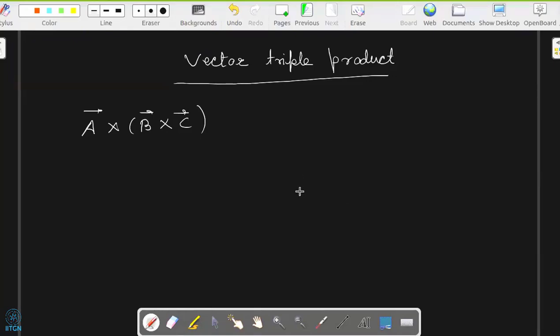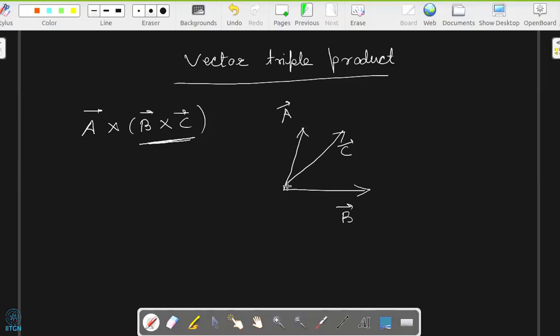So let's consider this is a vector B, this is a vector C, and this is a vector A. Now, first let's think about this. This is B cross C. So B cross C means what?